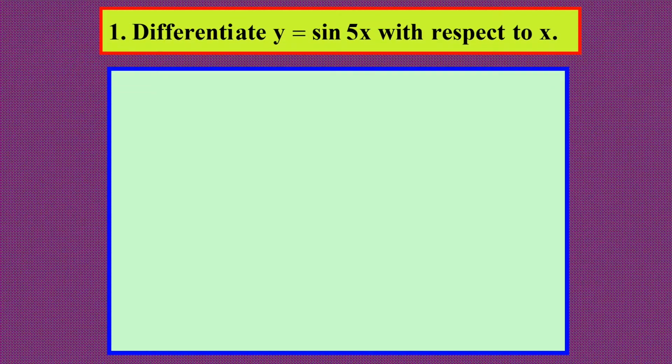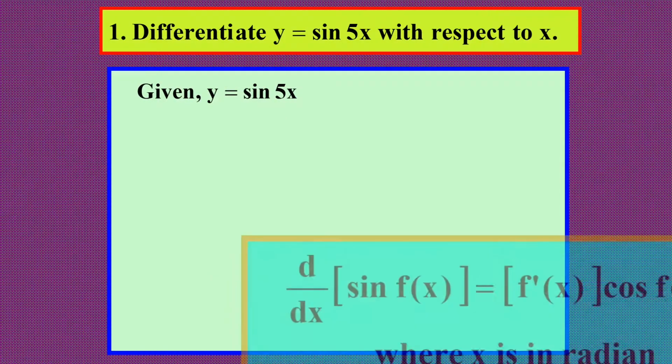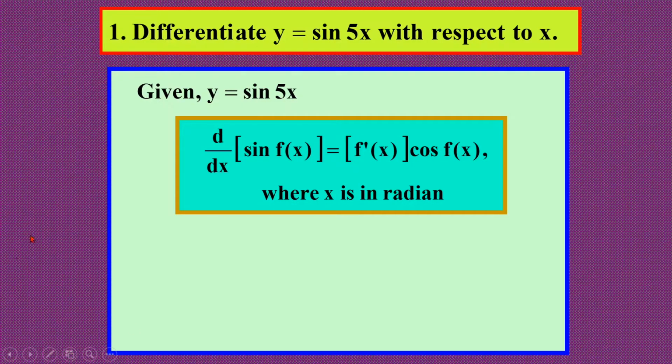Let's look at the examples. When you differentiate y equals sine 5x, following the formula, you will differentiate the function f(x), which is 5x, and copy cos f(x).